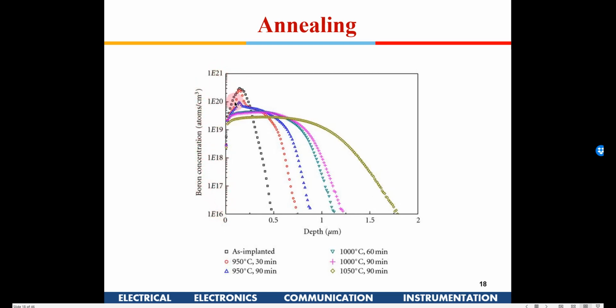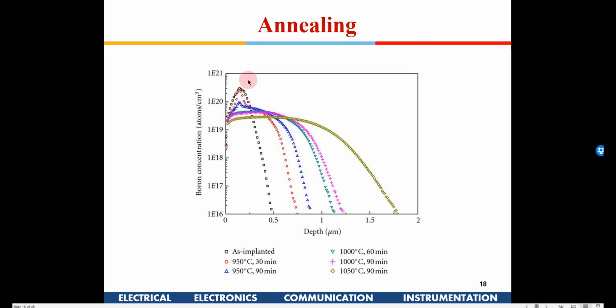Once I do the implantation, slightly away from the surface you will have maximum boron concentration, and it falls very steeply as you move towards the inside of the wafer. That is not a desirable characteristic. I should have a boron spread, so that the entire region works like a single N plus region, or a P source or a P drain.